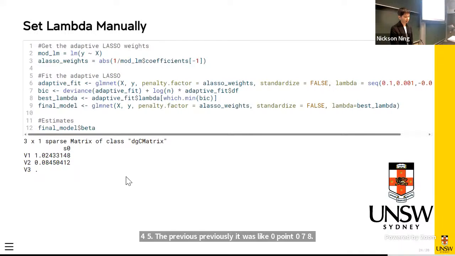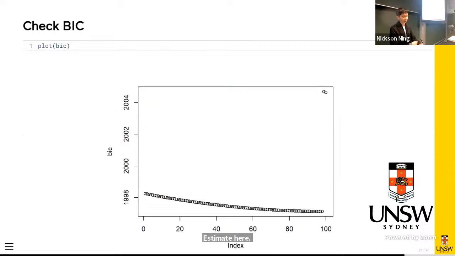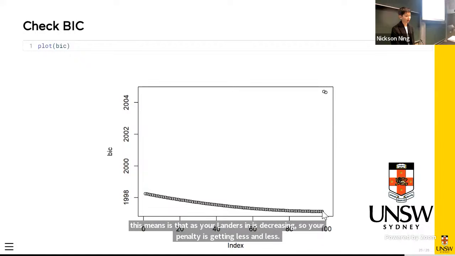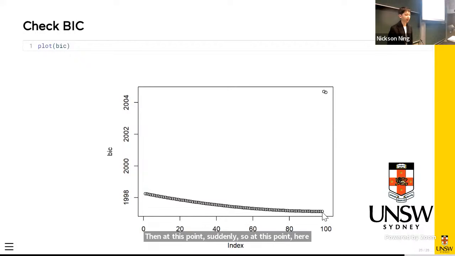So doing this has improved the bias of my estimate. Now if I look at the BIC plot, you can see that I have this jump over here. You want your plot to look like that, because it means that as lambda is decreasing, so your penalty is getting less and less, at this point I am still excluding the third covariate X3.